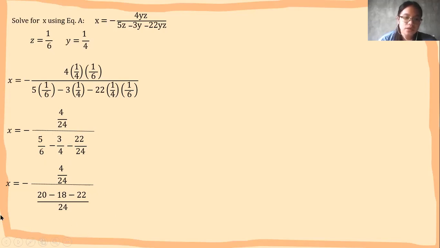Then add all the numbers. So we have x is equal to negative 4 over 24 over negative 20 over 24. So let's multiply, and to multiply we just have to reciprocal the denominator.